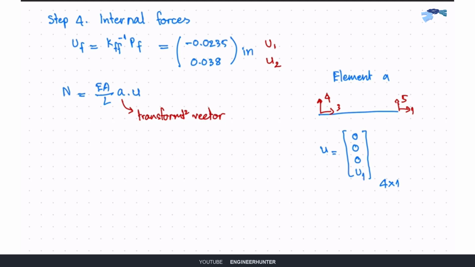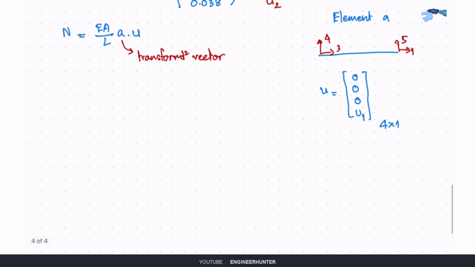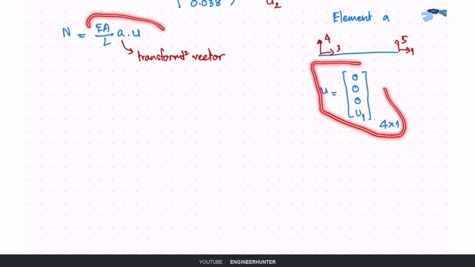So u1 is equal to this number. So this is the vector small u. Now you can take this vector and do the calculation here, and you can find the internal force.